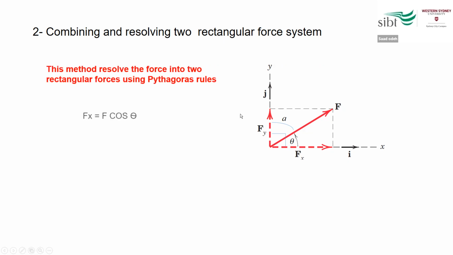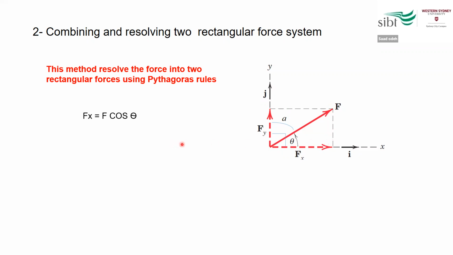In this rule, it's quite simple. You complete the 90-degree triangle like this one here, and then you can apply the rule: for the long side of the triangle, F cosine theta gives you the component along the x-axis, and F sine theta gives you this component, which is the vertical component.